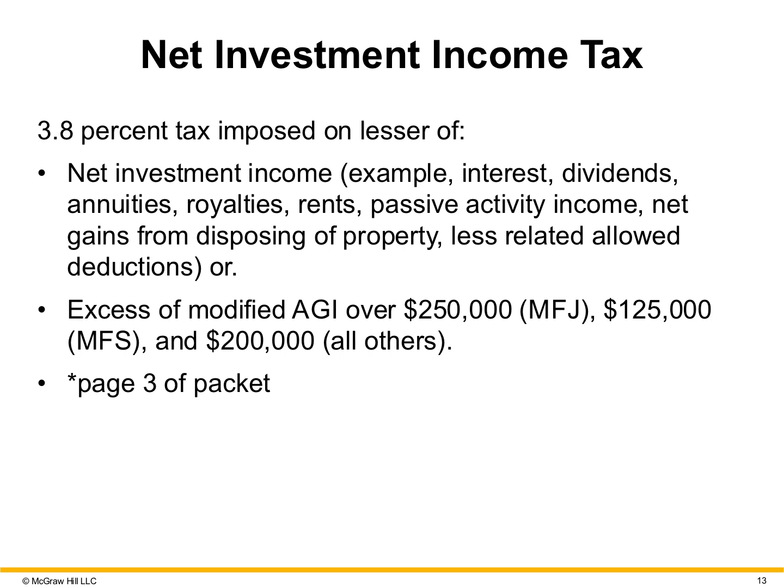For the modified AGI thresholds, the threshold for married filing jointly is $250,000, $125,000 for married filing separately, and $200,000 for all other filing statuses. Several of these notes can be found on page 3 of the tax rates and schedules packet.